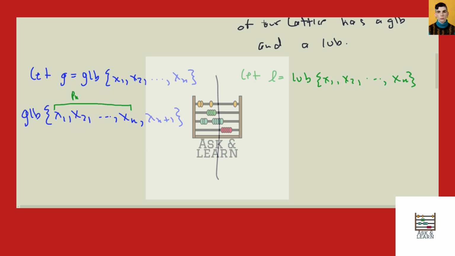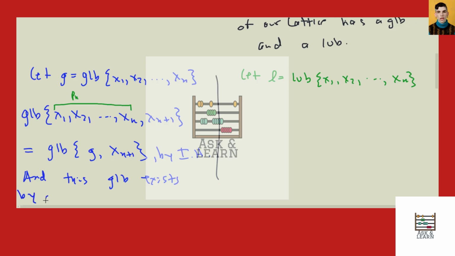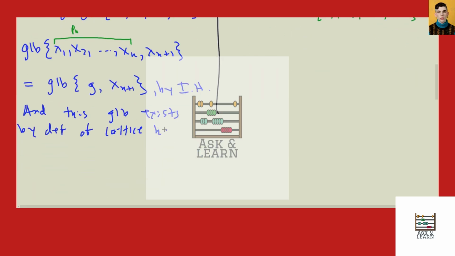So this is going to be equal to the greatest lower bound of G with xn plus 1 by our induction hypothesis, and this greatest lower bound exists by definition of lattice having a greatest lower bound for all pairs of its points. So we have that one done.